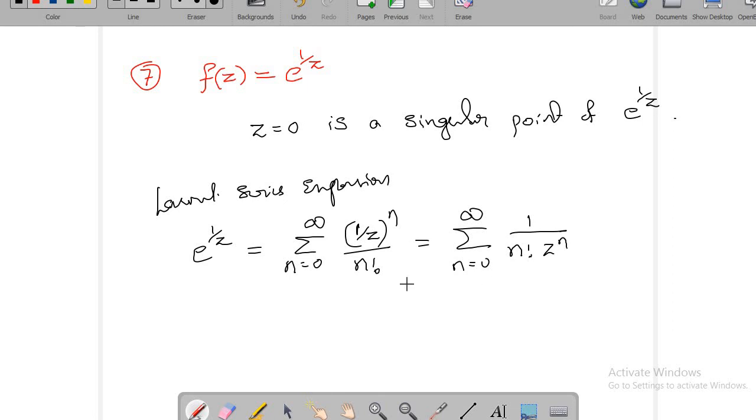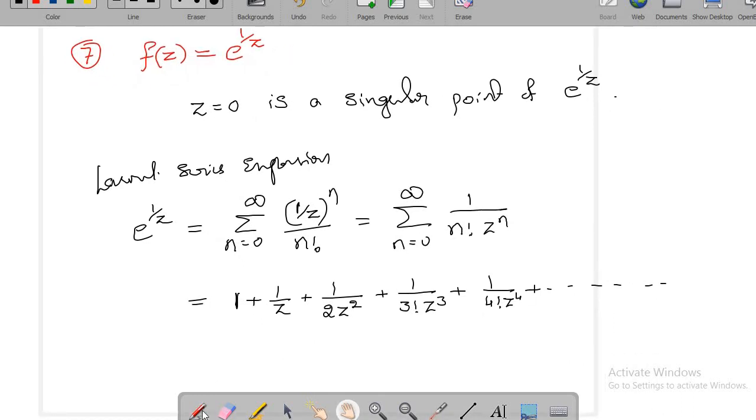This is the expansion, right? So let me write it out: the first term, when you plug in 0, is 1, plus next term 1 by z, next term 1 by 2 factorial into z square, next 1 by 3 factorial into z cube, plus 1 by 4 factorial into z power 4, plus and so on.